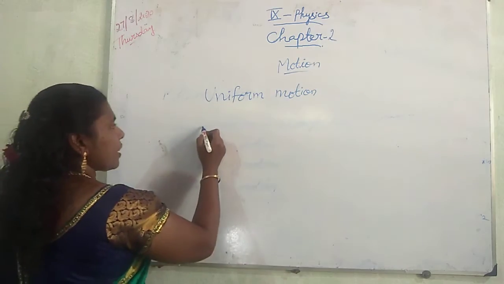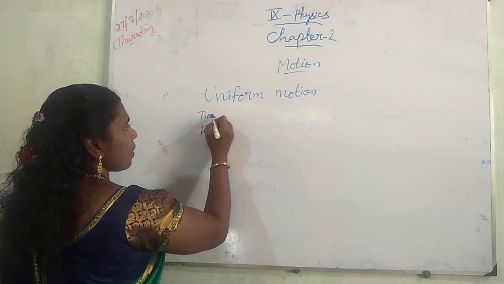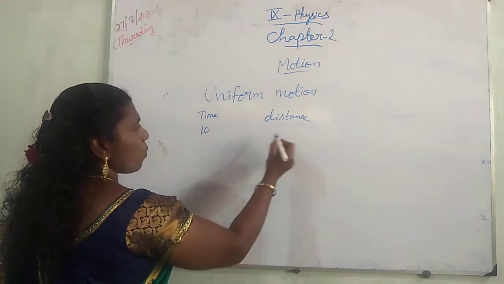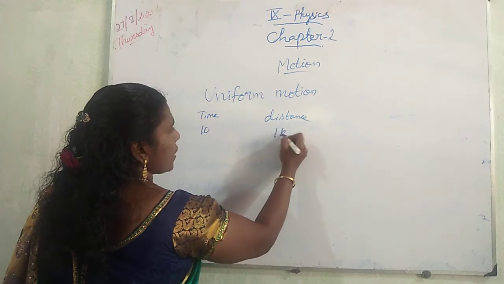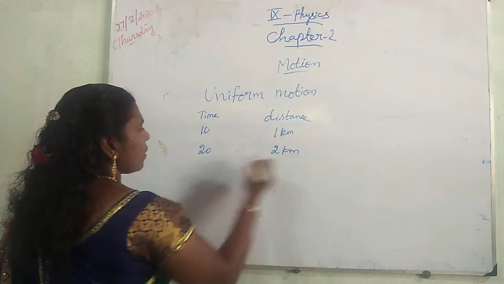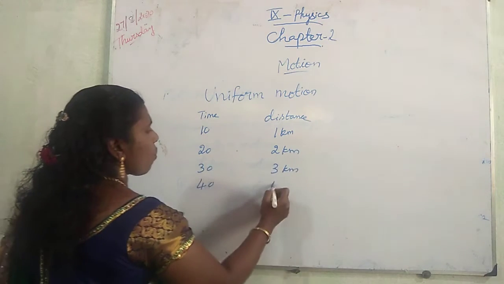Suppose within 10 minutes the car moves 1 kilometer, or within 20 minutes, 2 kilometers, 30 minutes, 3 kilometers, 40 minutes, 4 kilometers.